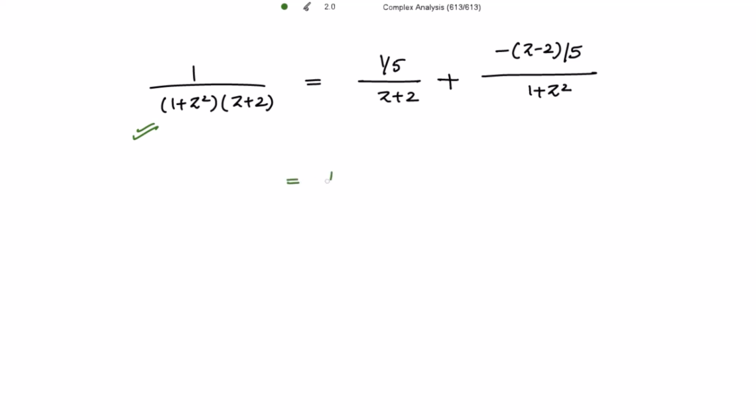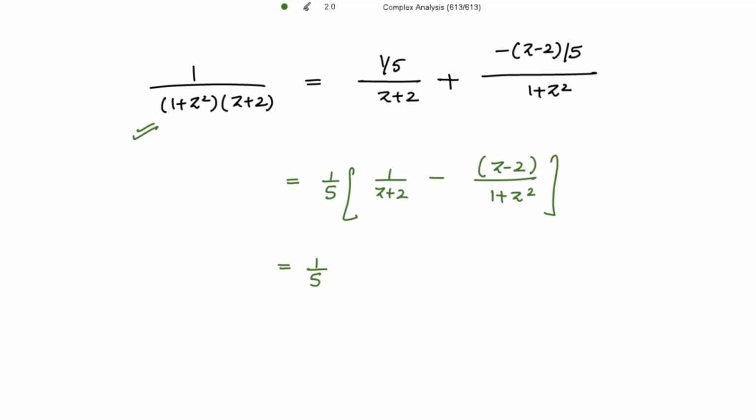Okay, let's take 1 divided by 5 outside. We have 1 divided by z plus 2 minus z minus 2 divided by 1 plus z square, keeping this in a bracket. So this is equal to 1 divided by 5.